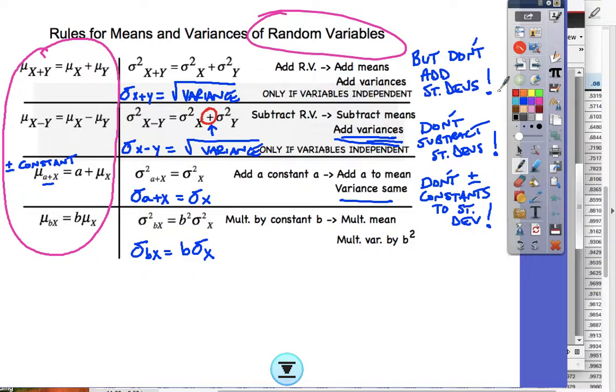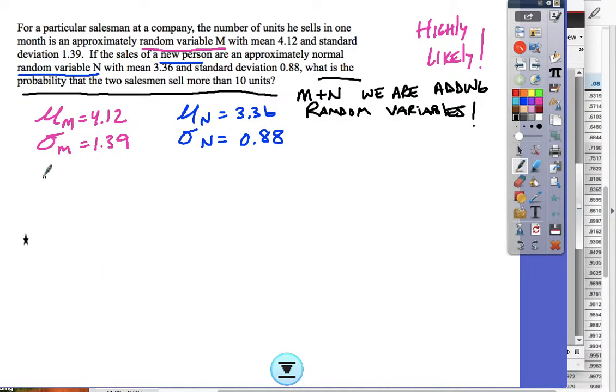Okay, so if we realize we're adding random variables, then we are going to use these formulas here at the very top. So to get the mean of my two guys together, I can take the old guy's mean and add the new guy's mean to it. So I'm going to get 4.12 plus 3.36, and my combined mean will be 7.48.